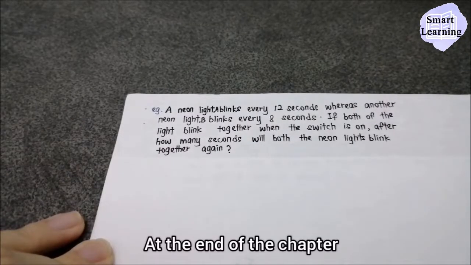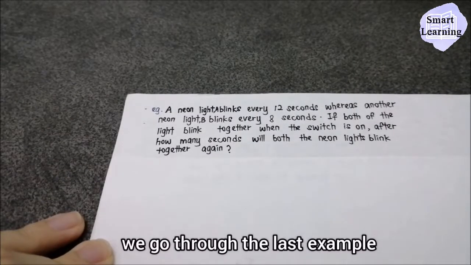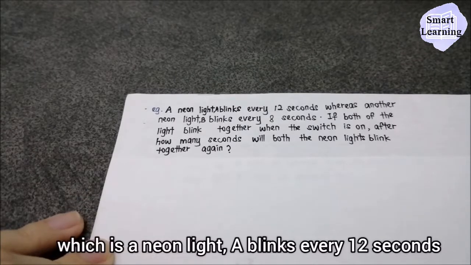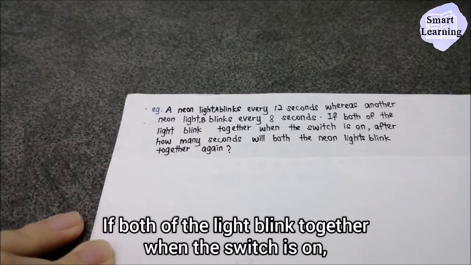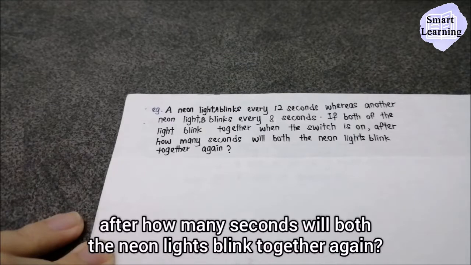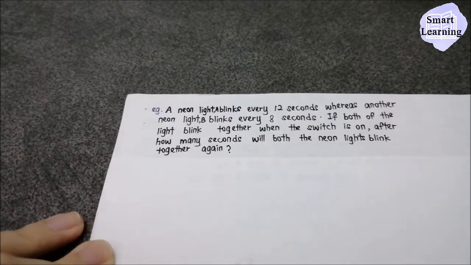At the end of the chapter, we go through the last example, which is a neon light A that blinks every 12 seconds, whereas another neon light B blinks every 8 seconds. If both of the lights blink together when the switch is on, after how many seconds will both the neon lights blink together again?